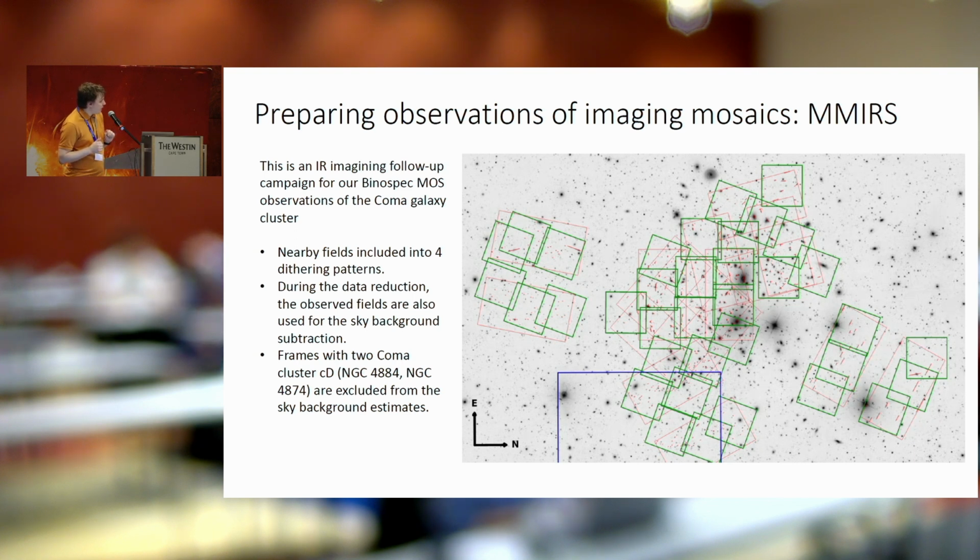And green squares show the positions and footprints of the MMIRS fields of view. And here you can see that we use only two position angles, 0 degrees and -20 degrees. And we observe fields with different position angles separately in different nights. But fields with the same position angles are joined into a single dithering catalog.